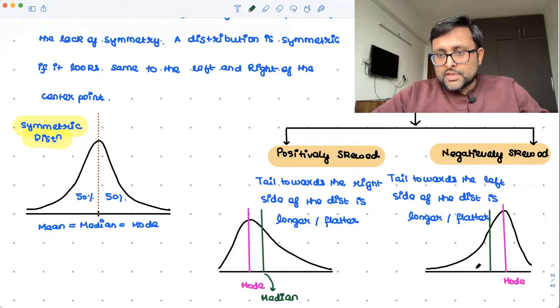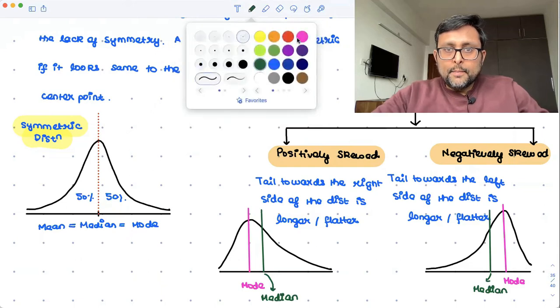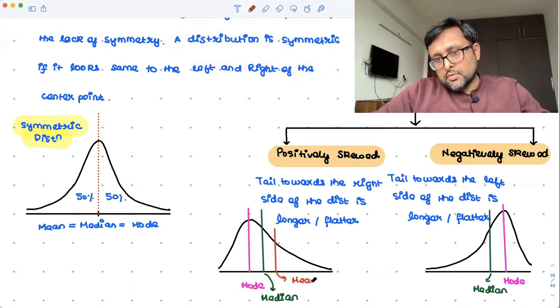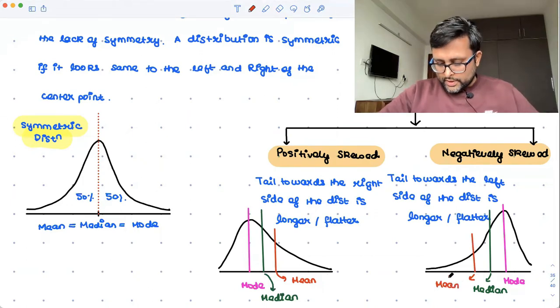Let's say this is 50% of the distribution. And here, this is going to be the mean of the distribution.